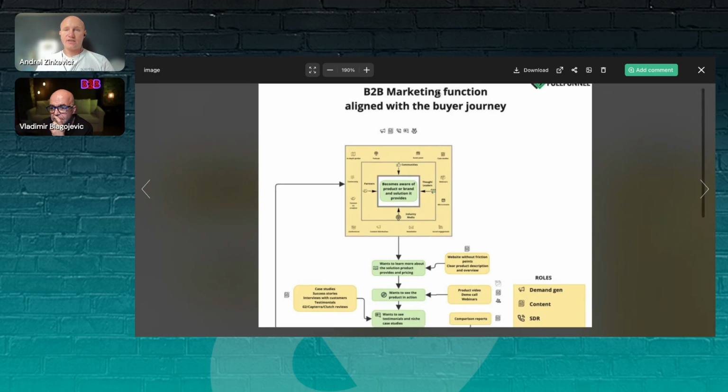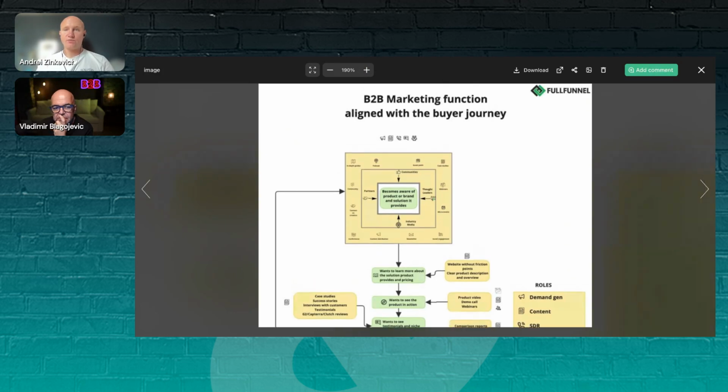The key idea of how we think about building a marketing function for 2025, especially if you have a limited team and resources: you start focusing. That's the key. And we'll discuss in the next minutes how to define that focus.